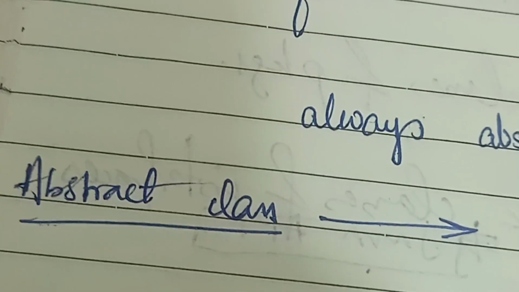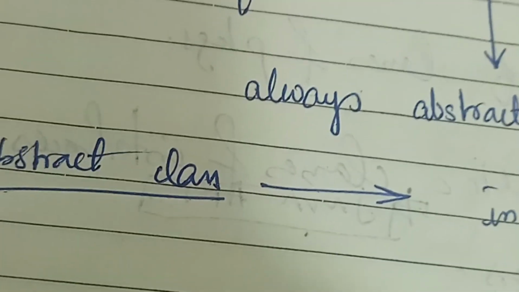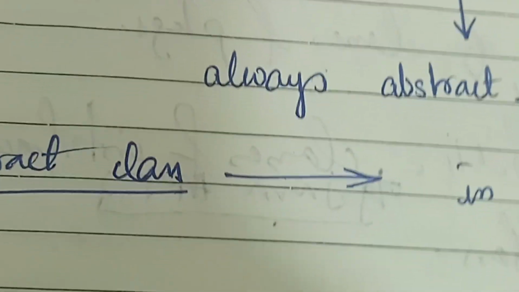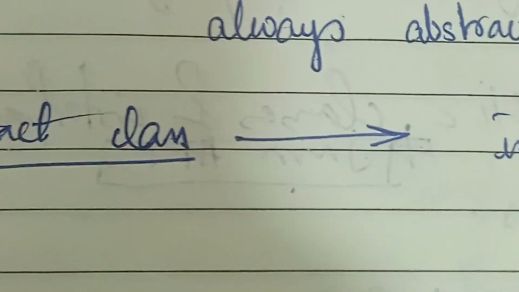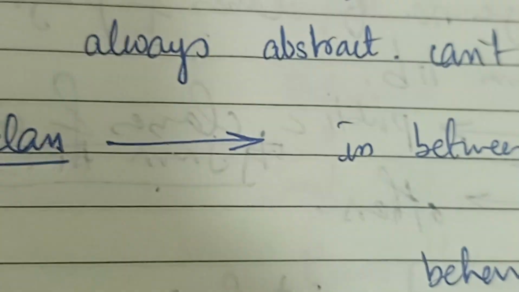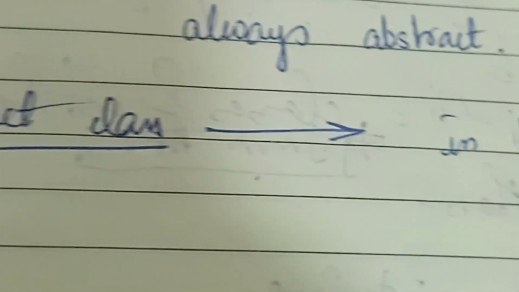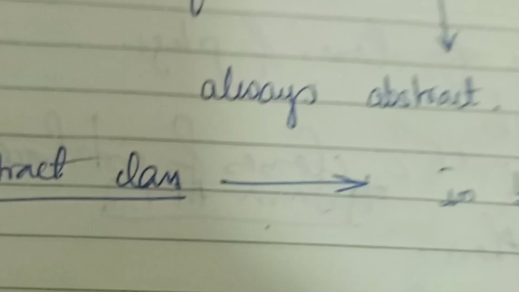This is needed for certain types, like animal, which cannot exist on its own. It will either be a cat, a dog, a tiger, or another type of animal. That is the example for an abstract class.